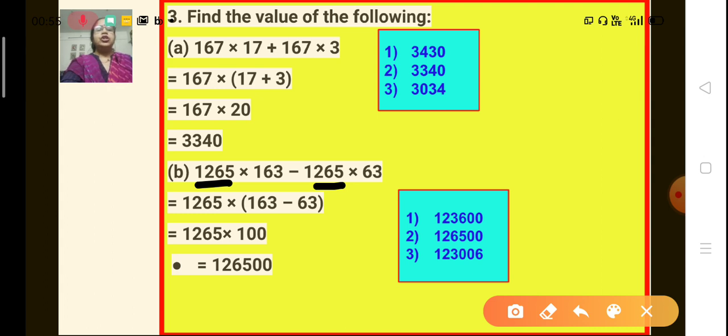So we can take it out as common, and inside the bracket we take 163 minus 63. We get 100 by subtracting these numbers, and now it is very easy to multiply this number by 100 and we get 1,26,500 as the result. And where is the option here? Here second option is the right option.